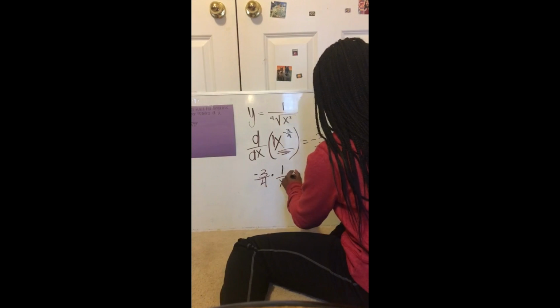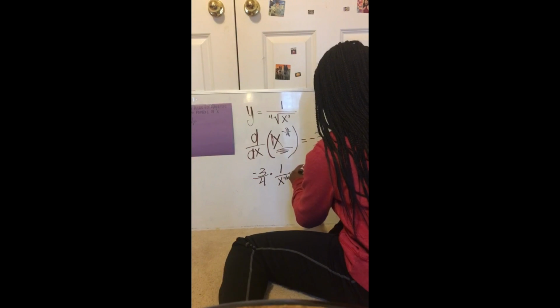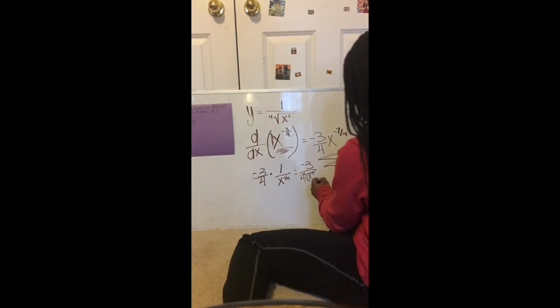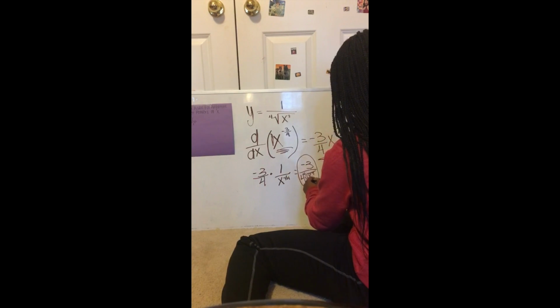And you would get negative 3 over 4 times the 4th root of x to the 7th power. And that would ultimately be the answer.